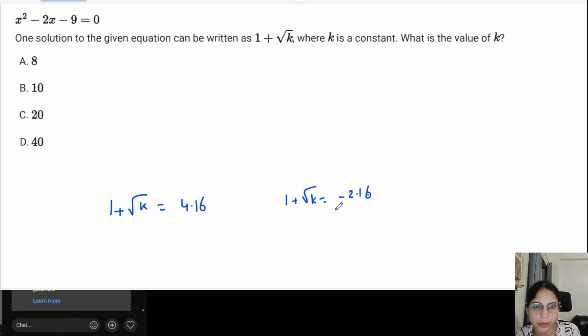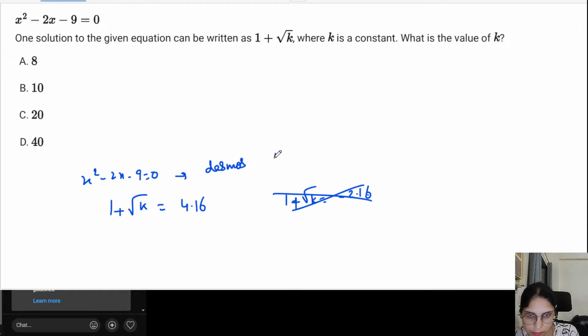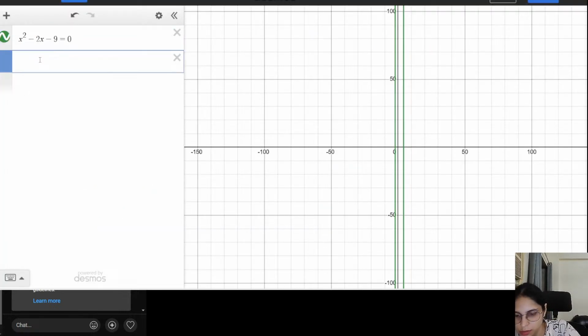and of course it cannot be minus 2.16 because if you're adding something to 1, it cannot be a negative number. So of course this is not going to work. And those solutions are equal to this. Now you put this in your Desmos. 1 plus, instead of k we will write x.